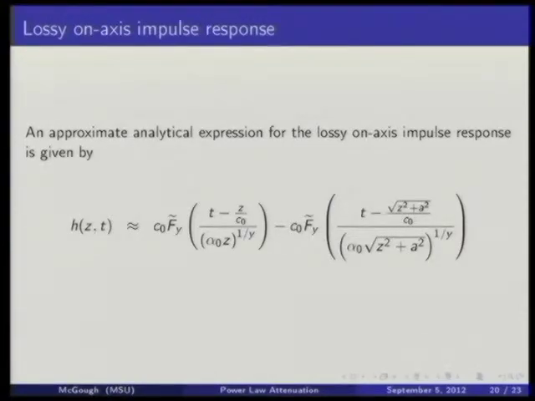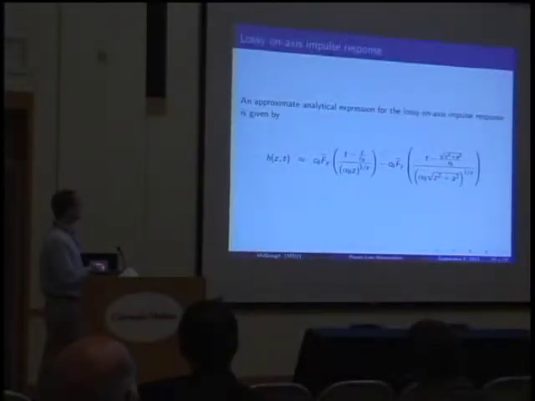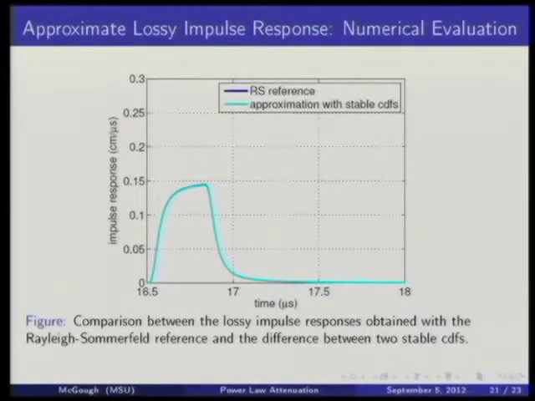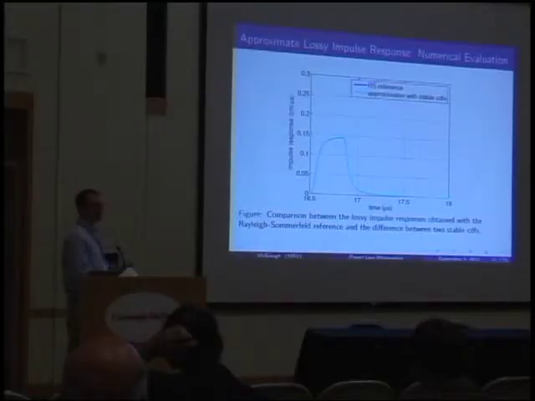For example, this is for a circular piston evaluated on axis. So to get an idea how this looks, we can calculate the Rayleigh-Sommerfeld integral. That's the darker blue line that's just barely noticeable. It's peeking out behind the lighter blue line. So our analytical approximation is not quite dead on, but it's really very close. So that's just one of the neat features that we're able to pull out.